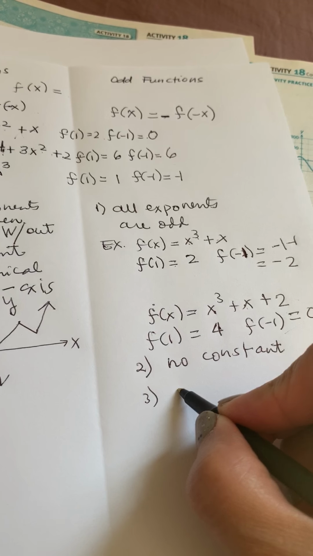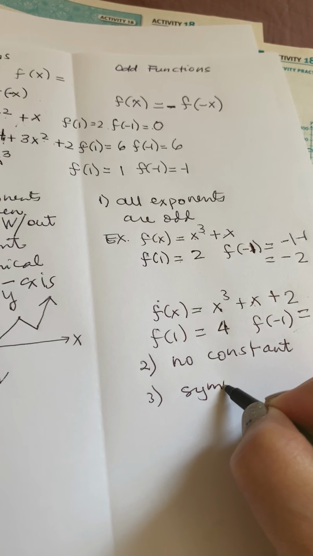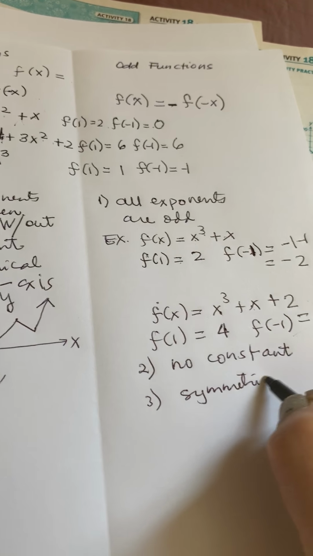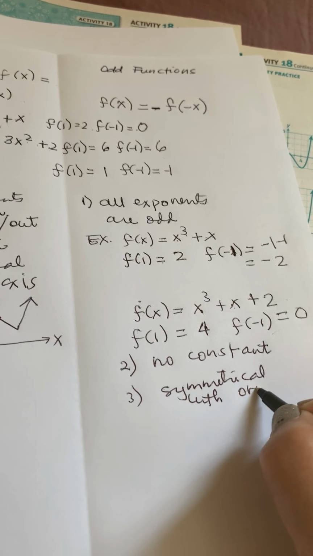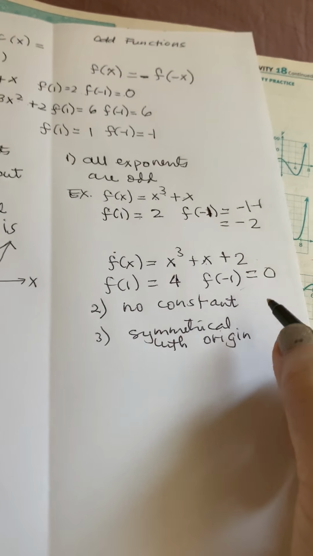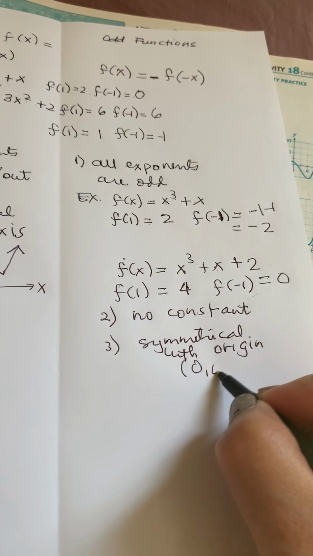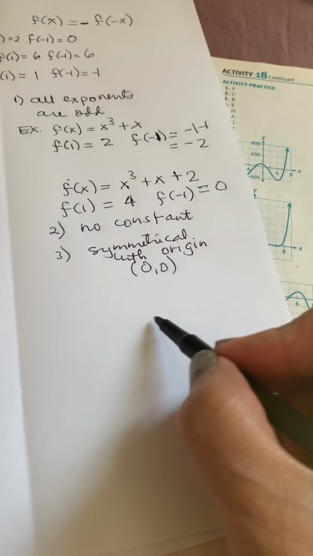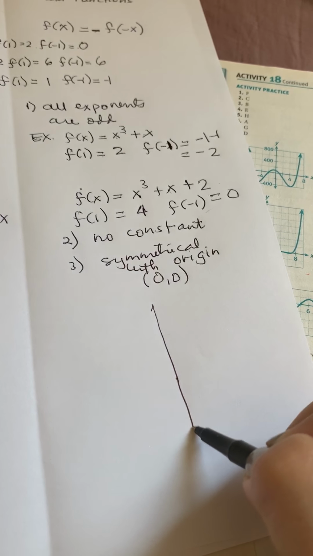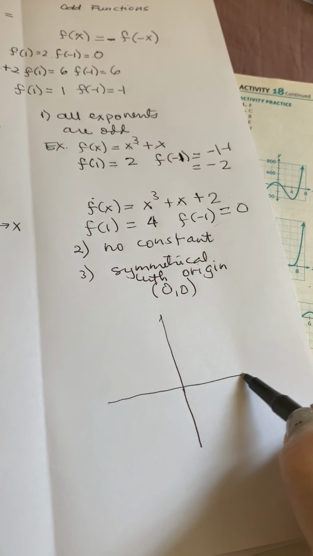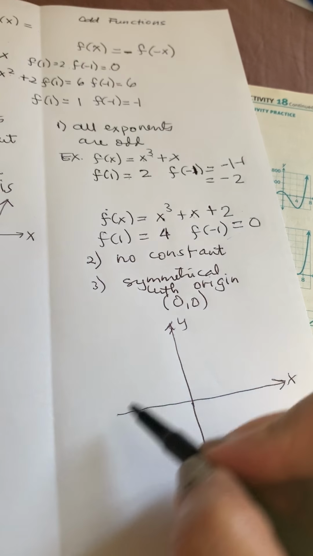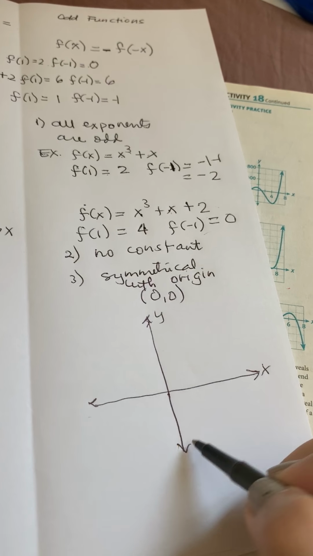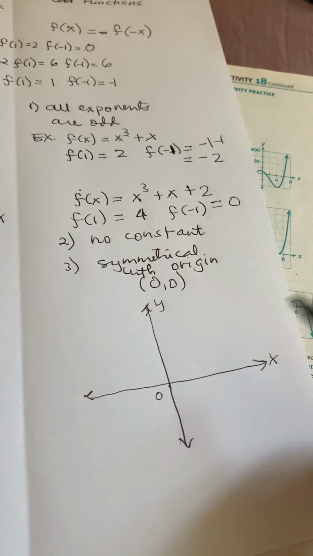And graphically, that will be symmetrical with the origin, or (0, 0). What does it look like if it is symmetrical with the origin? Any graph that is symmetrical with the origin, you can look at it different ways.